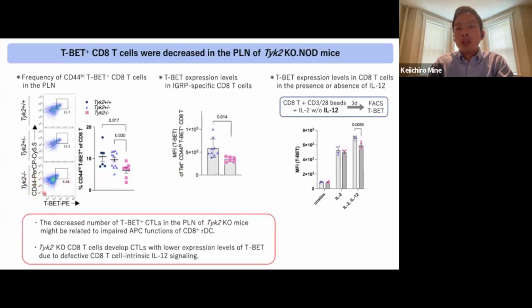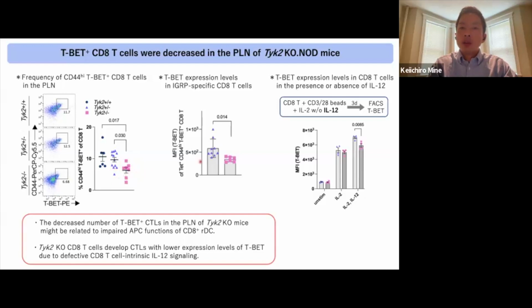Because transcription factors are key regulators of T cell effector functions, we examined some transcription factors and found that CD44 high CD8 T cells positive for TBET were decreased in the pancreatic lymph node of TYK2 knockout mice.